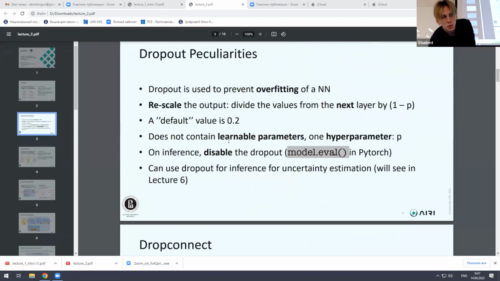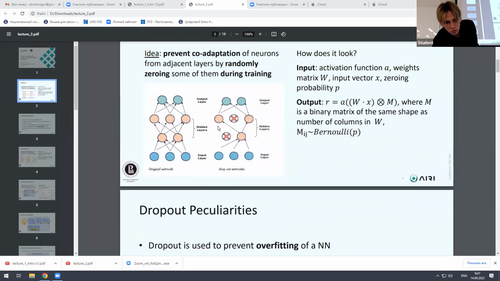So here are some other peculiarities of the dropout. It is used to prevent overfitting. Some important notes. Do not forget to rescale the output. What does it mean? Let's go back a bit to our image. On this layer, we previously had two neurons, right? If one of them is randomly excluded, let's think about this value.